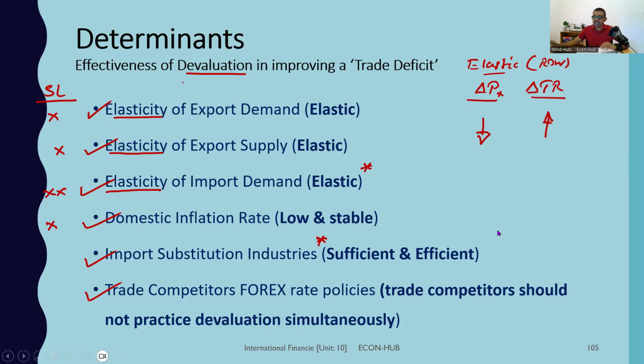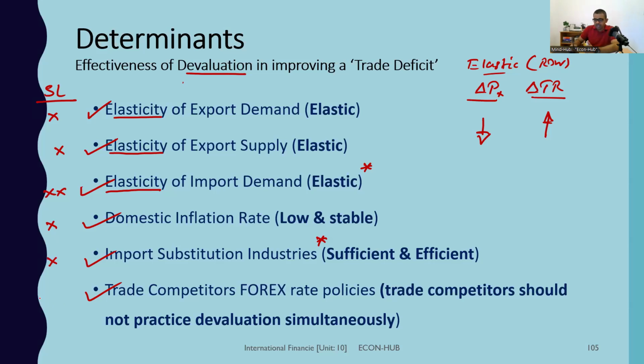Okay, 6 conditions. 3 of them to do with elasticity. The other 3 are to do with our ability to manage the macroeconomy properly and have the right things in place. So remember these 6. In Sri Lanka, not sufficiently there.